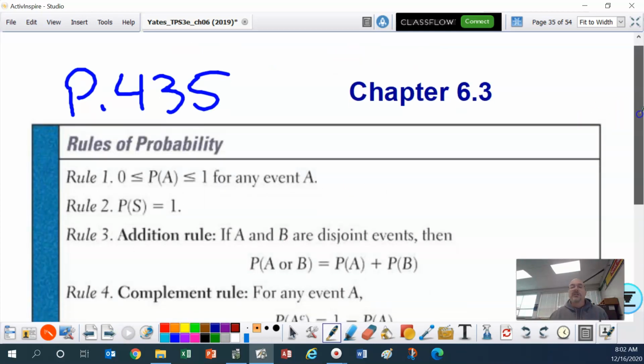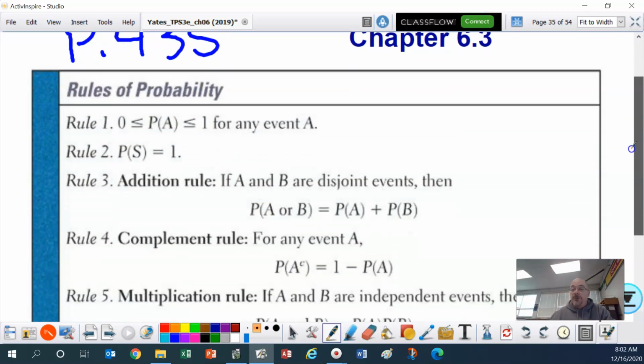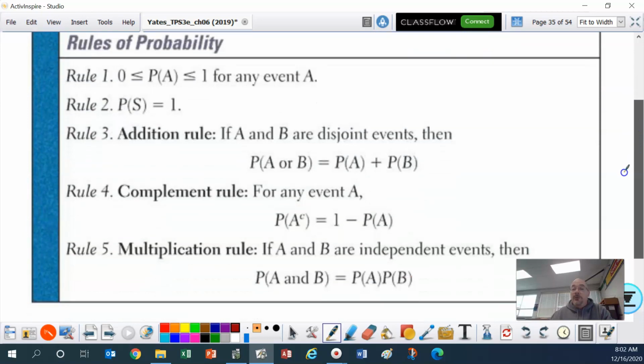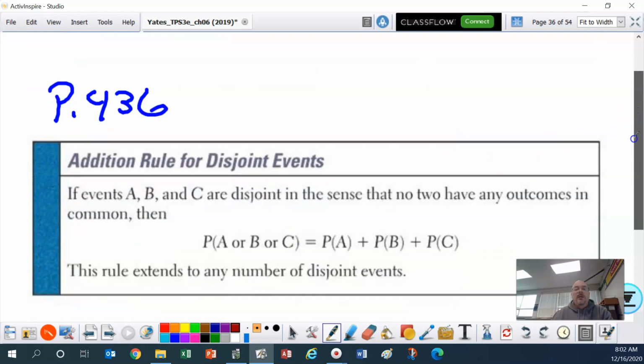So Chapter 6.3 starts off with the rules again, reminding us of the rules. Rule 1, rule 2, rule 3, rule 4, and rule 5. And remember, rule 3, we can expand that and we can do the probability of A and B. We're going to subtract that out if they overlap.